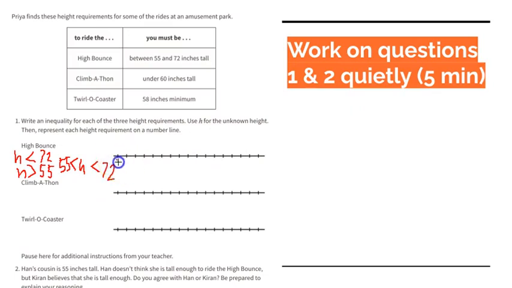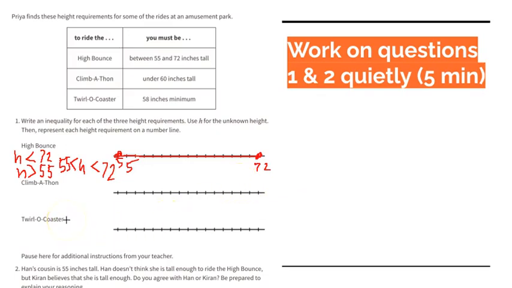So we'll put our 55 here, and based on the counting, it looks like it all the way goes to the end and makes 72. So we're talking about something that will go in between, like so, because there's a certain minimum and maximum requirement.